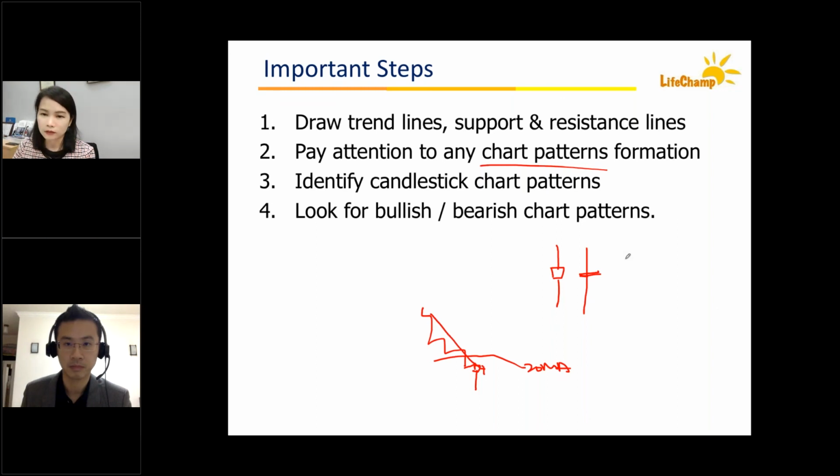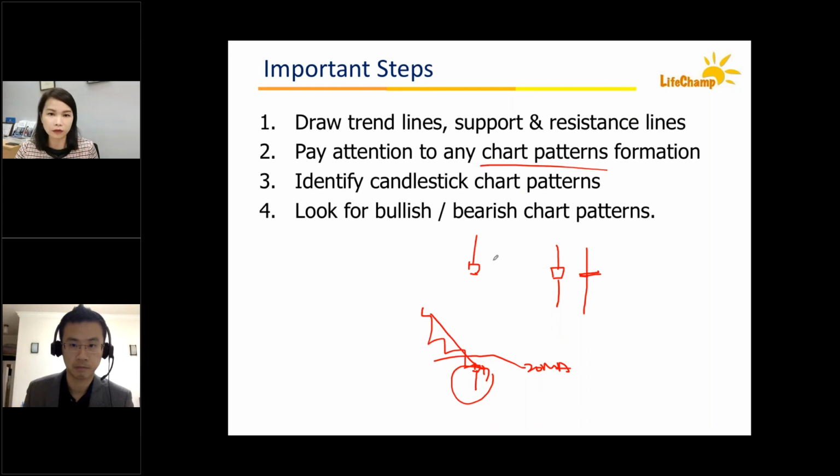But those very familiar reversal patterns like the shooting star and also the hammer, if you see these, because technical analysis is something like the more people know it, the more people will act on it. So it's self-fulfilling. If you are looking at a candlestick chart pattern that everybody knows, then this price action will be very highly reliable.